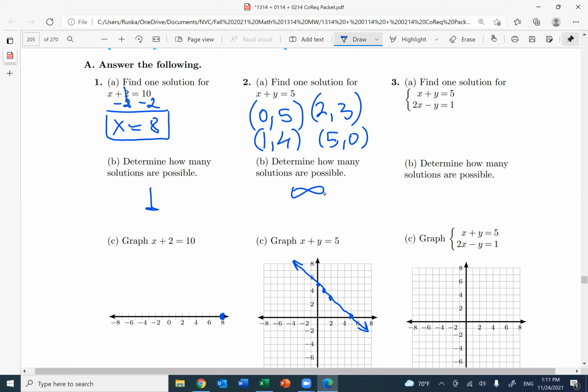Now, looking at the last system of equations they give us, let's find one solution. One solution could be a number pair which satisfies the first and the second.